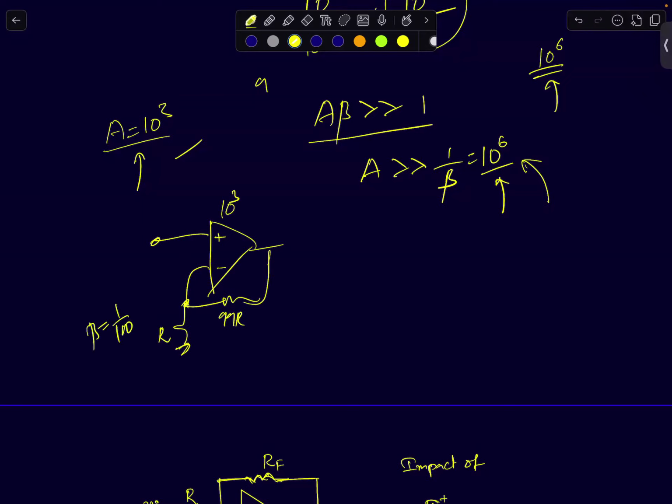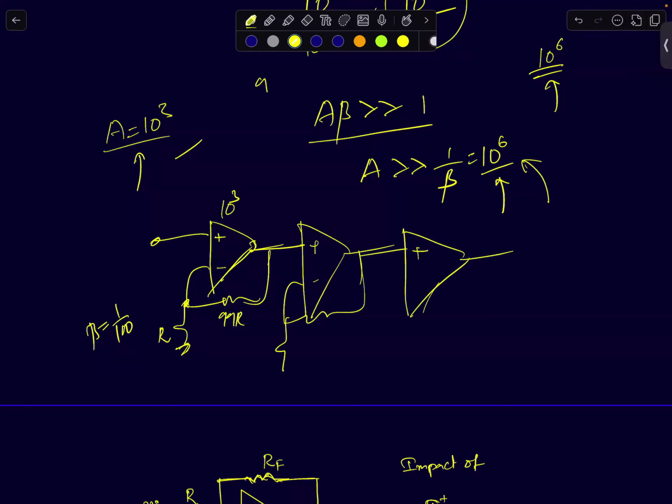So A beta is 10 cubed by 100, which is at least 10. Cascade a similar structure like this: cascade another amplifier and another amplifier. If I cascade three such identical amplifiers, with 99R and R each, then yes, I will get a gain of 10 power 6.